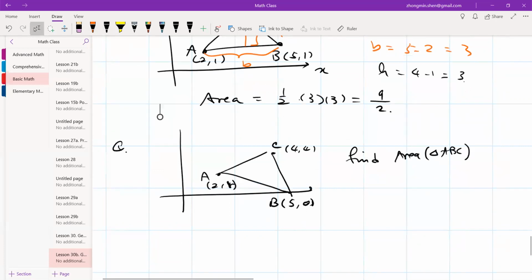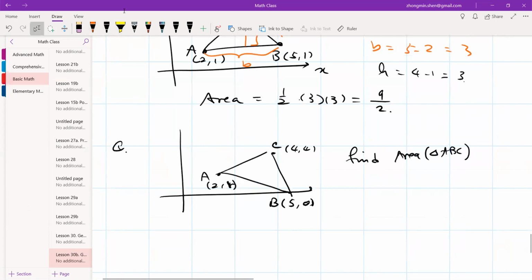You cannot find the height and base directly. What you can do here is use the subtraction method to solve the problem. There are many ways to do it.